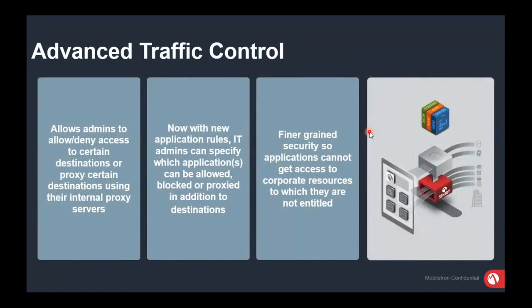And the IT admin has granular control over which user can have access to the tunnel and which application needs to be given a tunnel, and each application can have a different tunnel to connect to different backend resources.